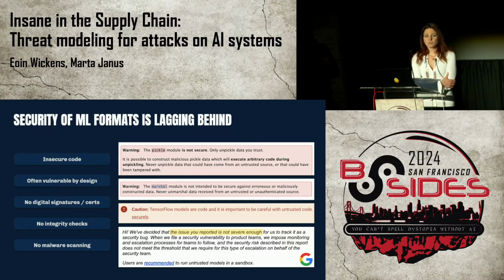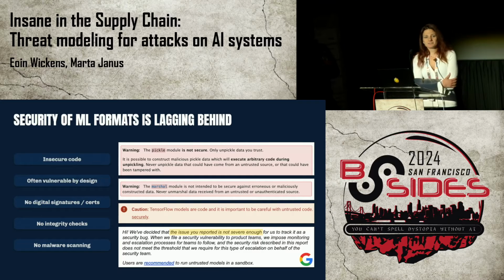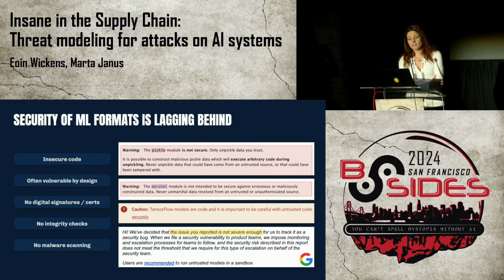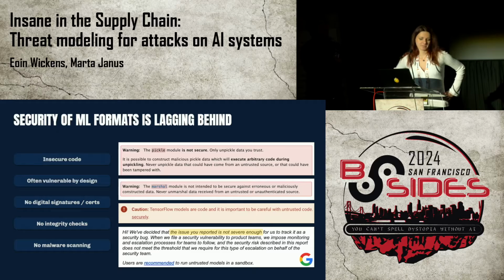Some were developed much earlier, before machine learning became a big thing, so they were used for serialization of much smaller objects. They are not really designed for storing this amount of data. They were designed for different reasons, and they are not very good at serving machine learning.